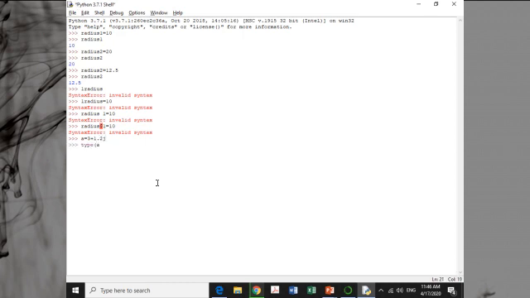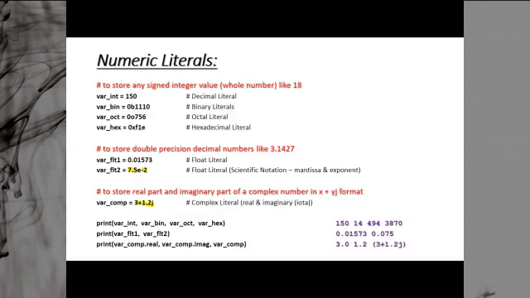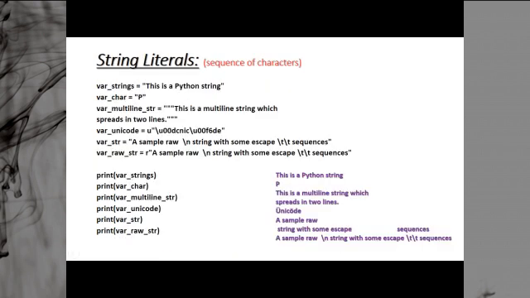Now if I say type(a), the class is complex, and if I say print a.real, it will print the real part, or print a.imag, it will print the imaginary part. Or if I say print a, it will print the whole number, like this. So these are your numeric literals.